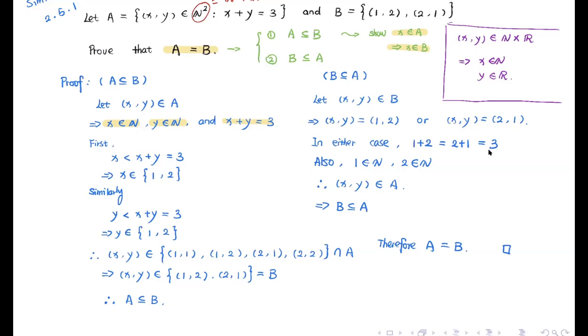You just proved that B is a subset of A by proving that all elements of B satisfy x plus y equals 3, right? Yeah. If, for example, B has a lot of elements in it, do I have to prove that one by one?